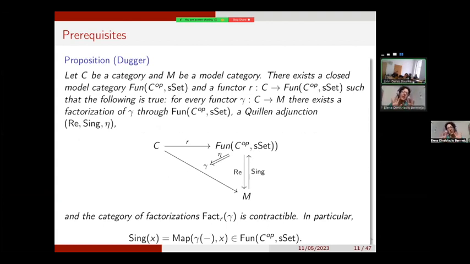So the only thing we need to remember about this is that if we have any category and any model category, we can construct the category of contravariant functors to simplicial sets. And we have a Quillen adjunction of this form. And especially we want to remember that Sing is just the map.